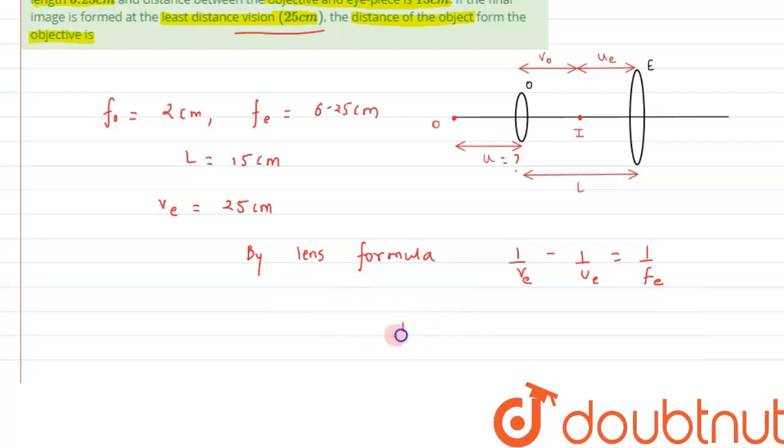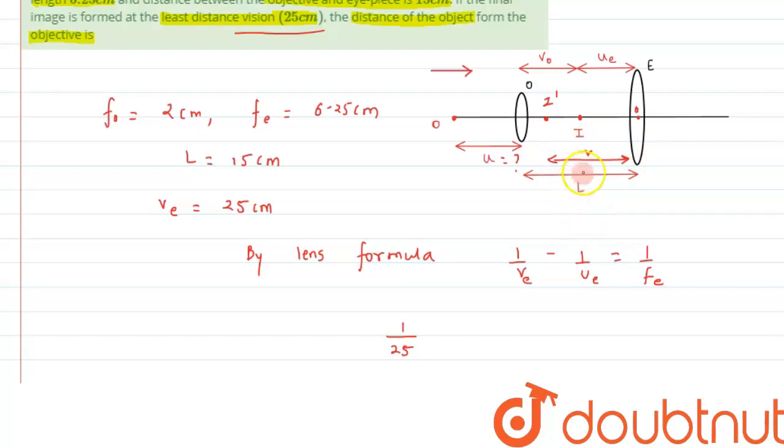We have been given V as 25, and this has to be taken as negative because light is incident from left to right, and every distance is measured from the optical center, that is the optical center of the eyepiece. The image will be formed somewhere over here. Let's suppose the image is I dash, and this distance is our VE.